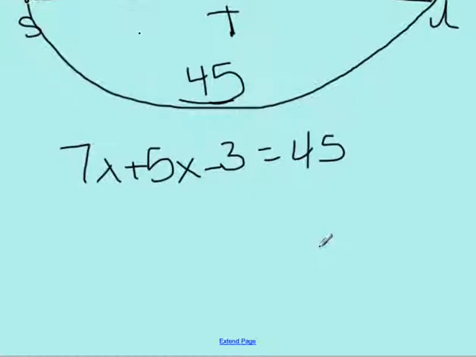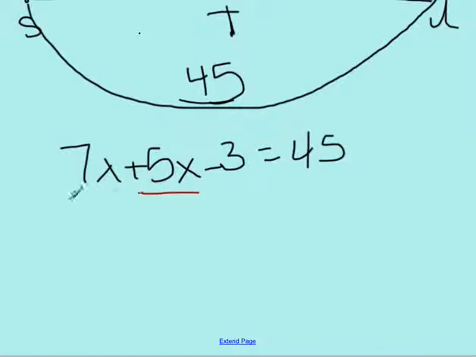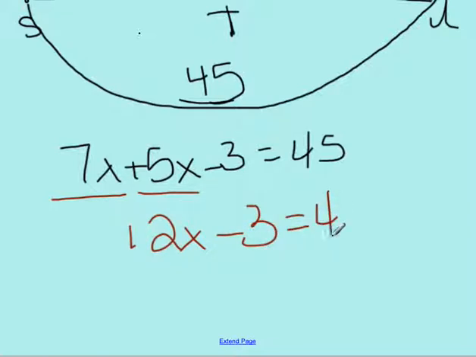Now we can go ahead and solve for X. First thing I want to do is combine like terms. So 7X plus 5X gives me 12X minus 3 is equal to 45. So then we're going to add 3 to both sides.